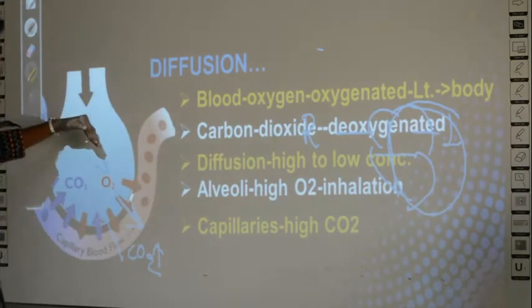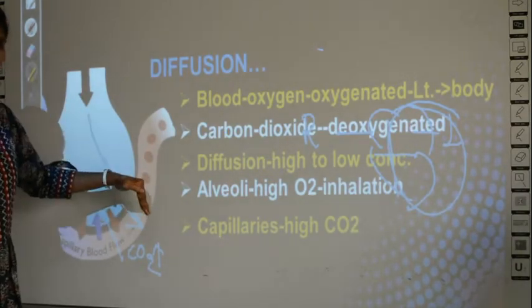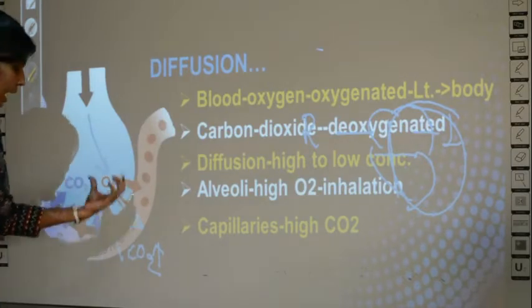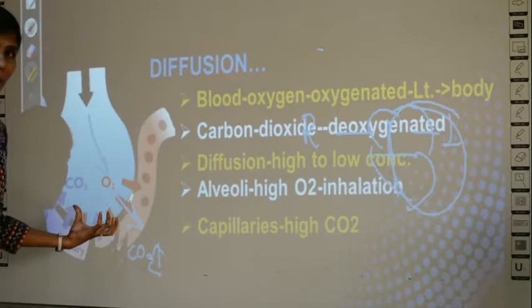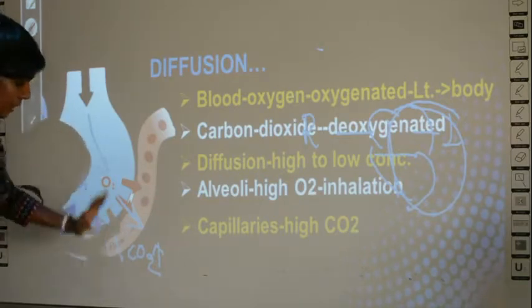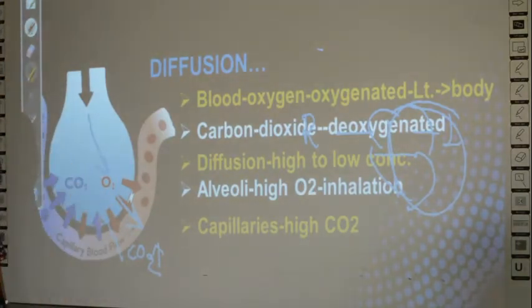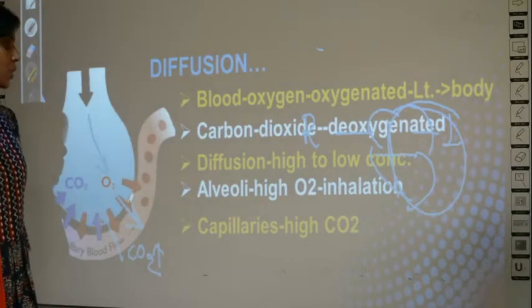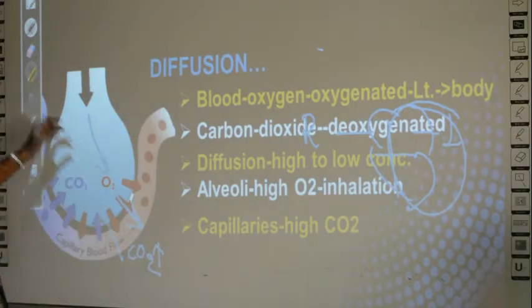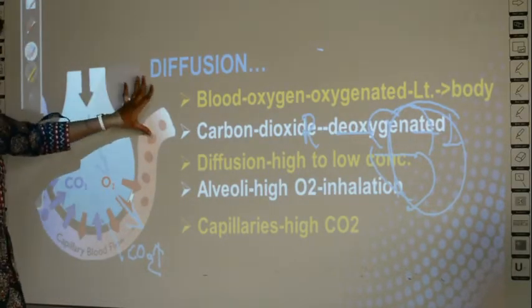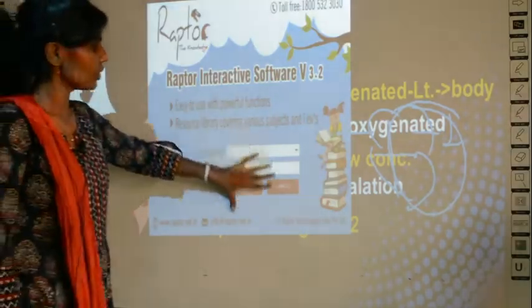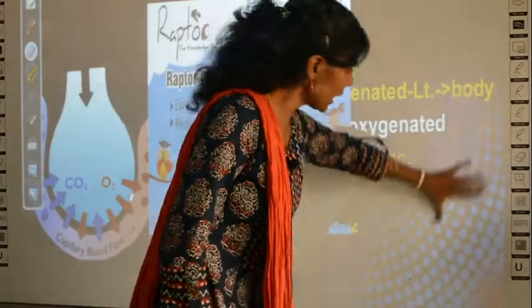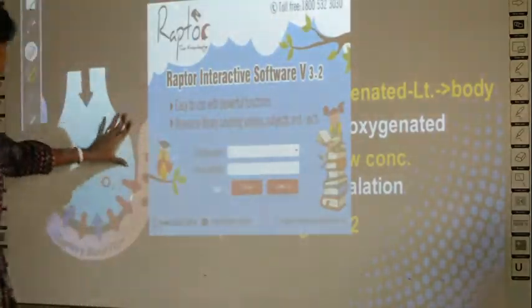So the flow will be from alveoli to capillary. Carbon dioxide is high in capillary, low in alveoli. So the flow of carbon dioxide will be from capillary to alveoli. So this is the process of diffusion which is happening between the carbon dioxide and the oxygen in alveoli and capillaries.